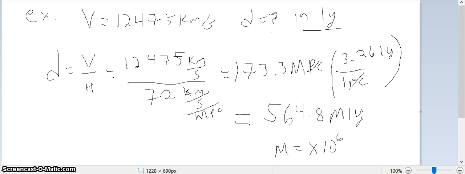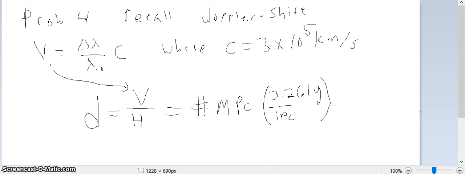I'm going to give the hint for problem number 4 now, and then we'll do an example very similar to problem number 4, which is, as you're going to see, basically still just using this equation right here. Distance is equal to velocity divided by the Hubble constant. So here's the hint for problem 4.